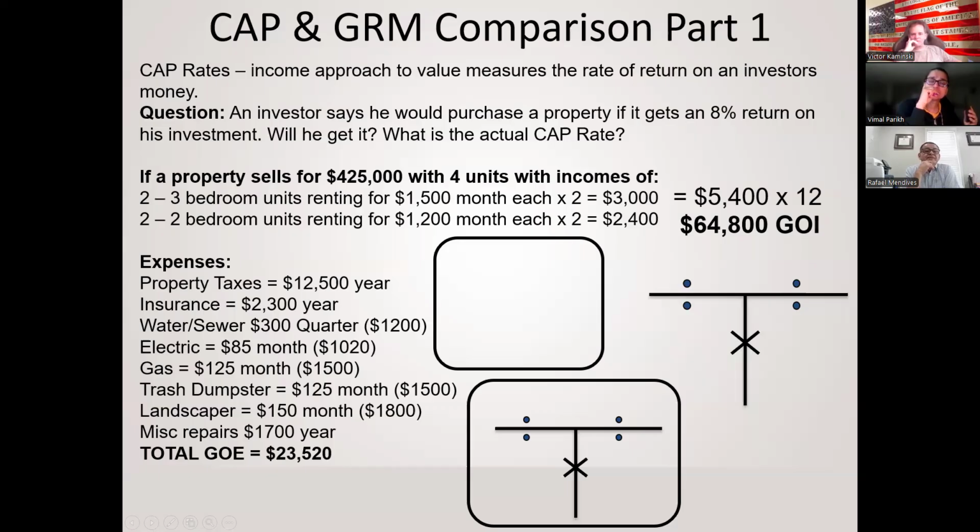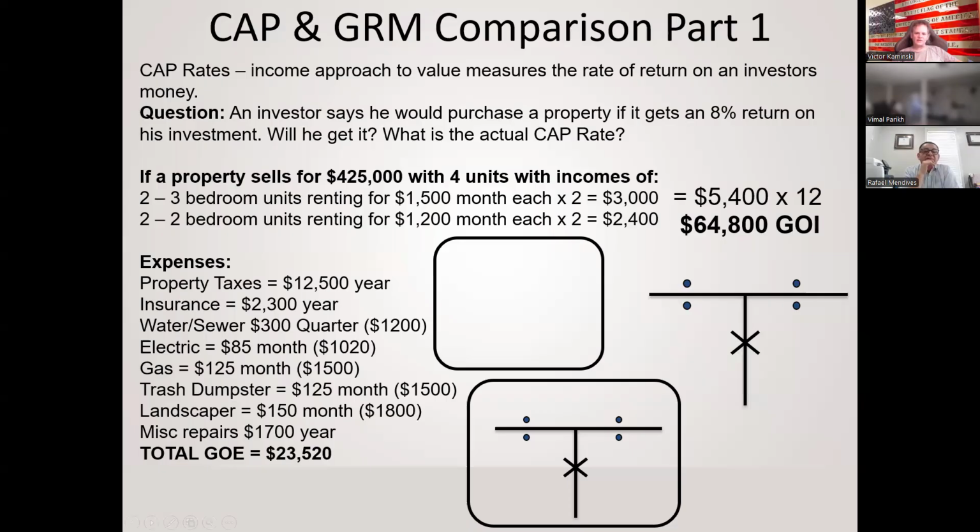Okay, so next step, we got to add up all of our expenses, which I've already done here. You can see the total gross operating expenses are 23,520. So what do we do now? You got to take it off from the income, the gross expense.